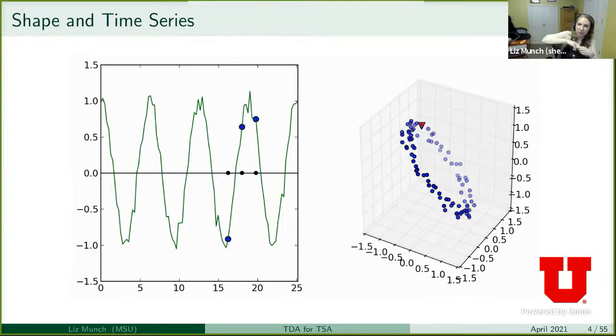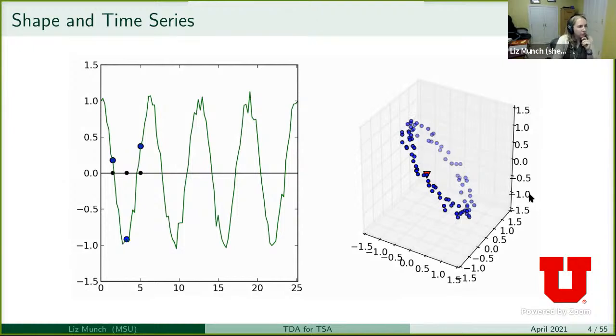And so what ends up happening is if you go around in circles, periodic behavior this way, once I do this Takens embedding, it turns into periodic behavior this way. And as we all know, persistence is particularly good at finding circles. And so we can measure something about the structure of your original time series based on something about the structure of your point cloud that you've constructed.